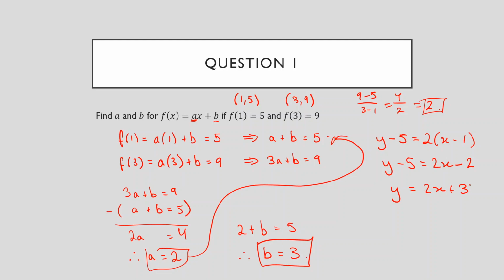Again, you see that 3 corresponds to b, the plus b in our function. So there's a couple of ways to do it. Here we're just using function notation, substituting the values into our function and working out a and b using simultaneous equations.